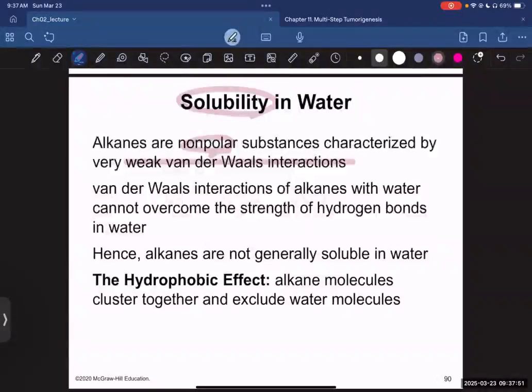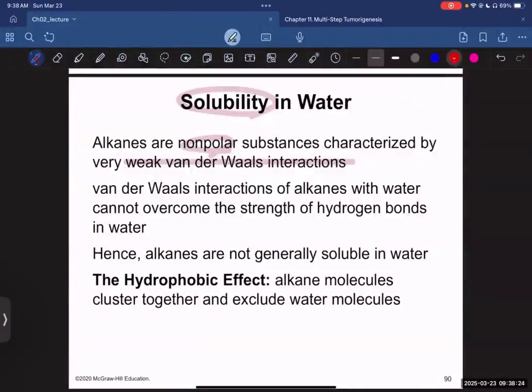Water has this type of interaction because it forms hydrogen bonds between water molecules. So for a molecule to become soluble, it has to break this dipole-dipole interaction.